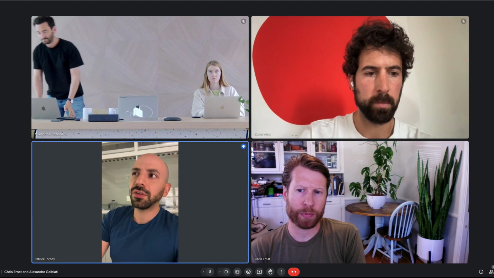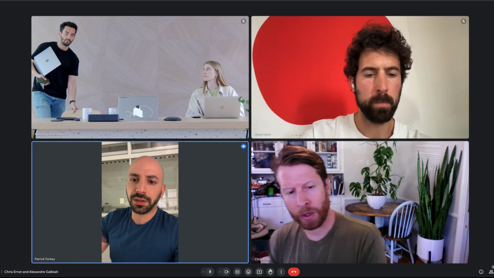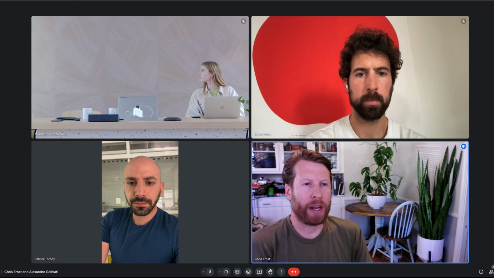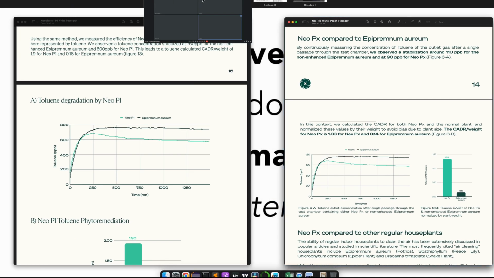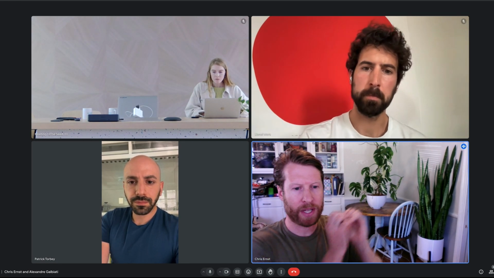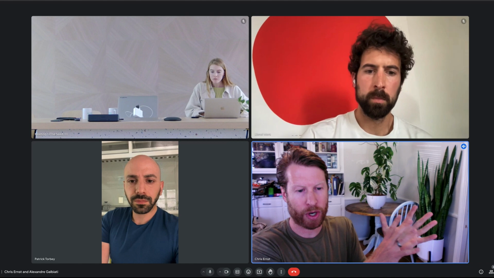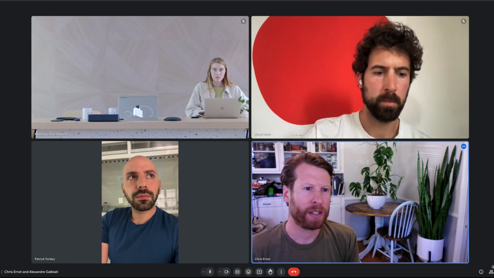Yeah, Epipremnum aureum is just the standard name for pothos in general, whether it's golden pothos, marble queen, jade, etc. Right. Okay. So in communicating the values, I just would have thought it would have made more sense to say, here is the Epipremnum aureum with normal soil, and here's Epipremnum aureum with the power drops in both of them. That would have made way more sense.